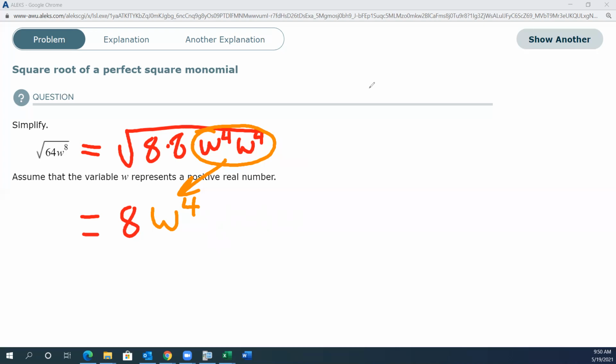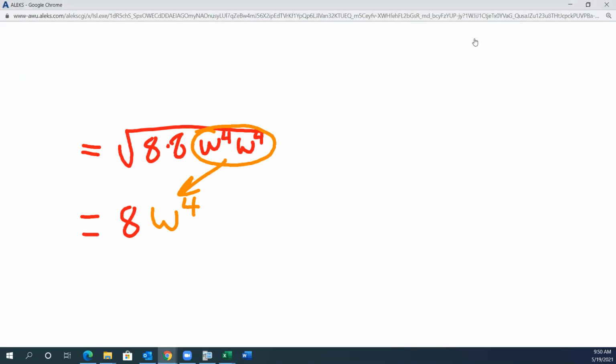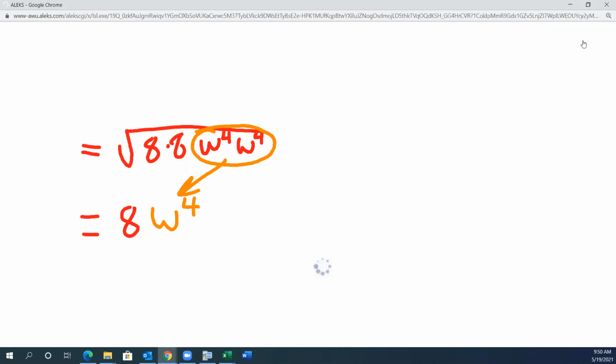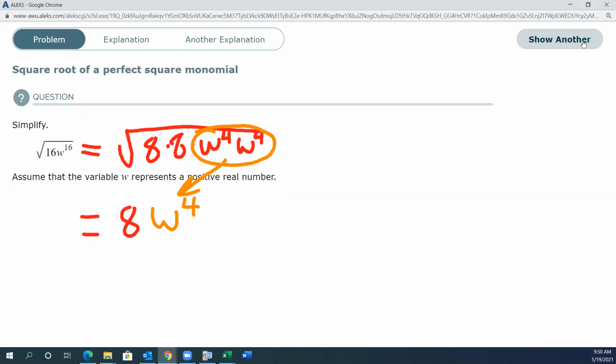So in other words, basically I've given you the reason why when you're doing square root of a variable to a power, the answer is always half of the original power. So yeah, that's how it goes. Let's look at another one here real quick.